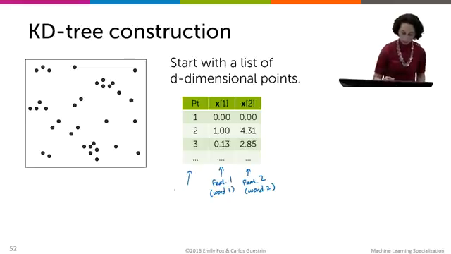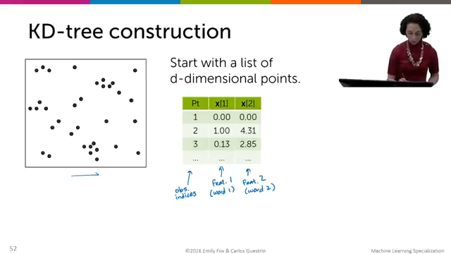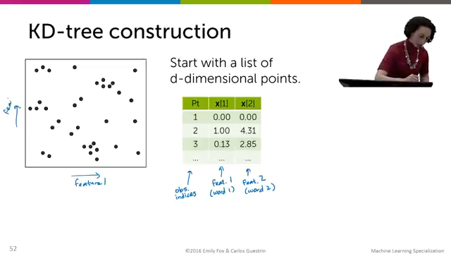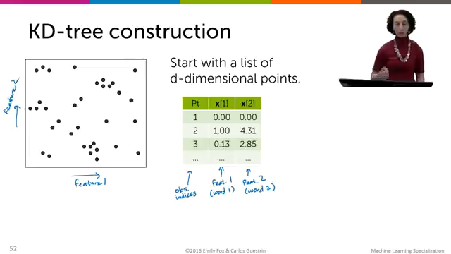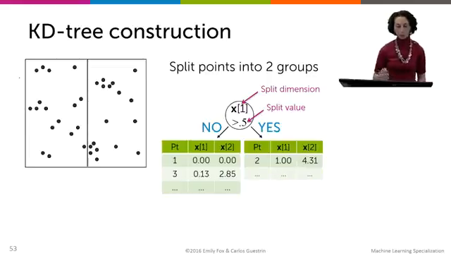And then here are the indices of our data points, so these are our observation indices. And these points are displayed just in R2 here, with feature 1 and feature 2 on the axes.